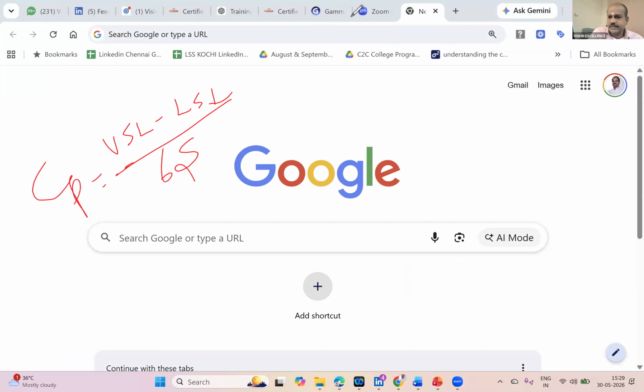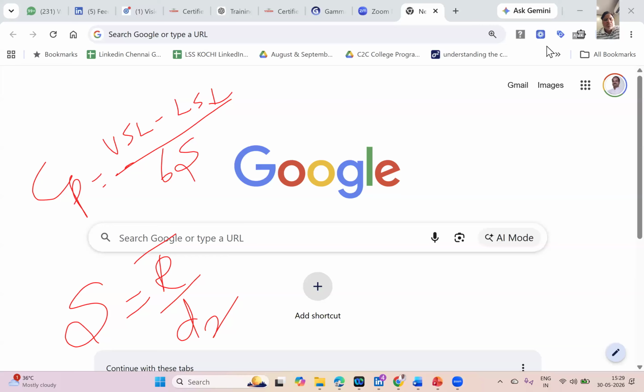I'm not writing sigma, I'm writing s because the data I have is a sample. And the formula for s is R bar by D2. This is called within standard deviation. This standard deviation represents the variation within the subgroup.